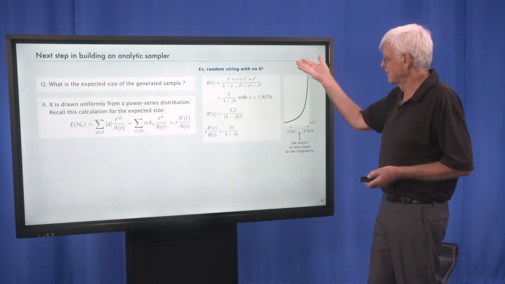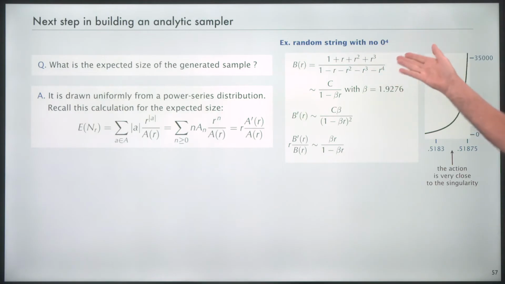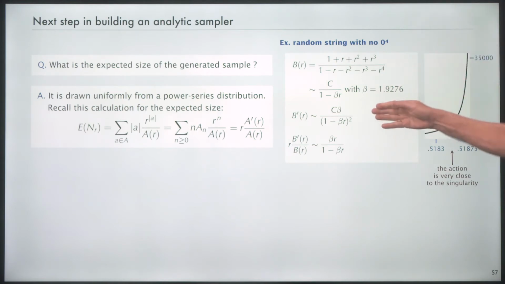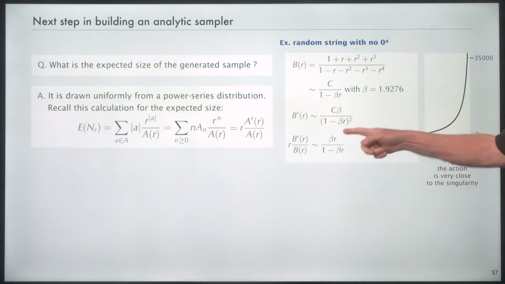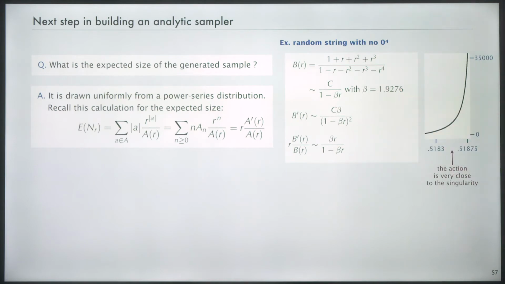So for string with no 0 to the 4th, that's the generating function. We know from analysis that it's asymptotic to constant over 1 minus beta r with that particular value of beta. Calculate the derivative, calculate r times the derivative divided by b of r, and we get this simple formula for the expected size of the generated sample.